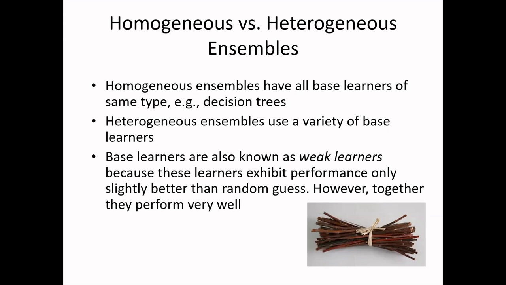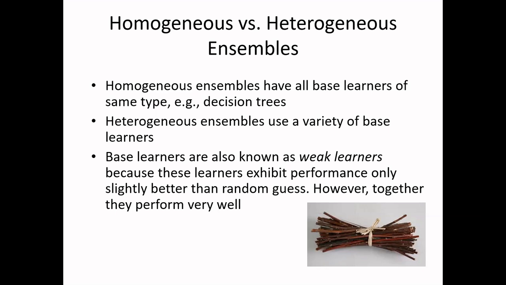Now, these base learners that we use in ensemble methods do not need to be very good. As long as they can perform, for example, classification slightly better than 50%, if you're talking of a binary classification, that's good enough. You don't try to design a classifier that will give you 80, 90% accuracy.